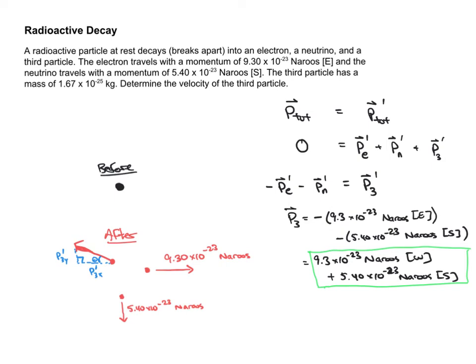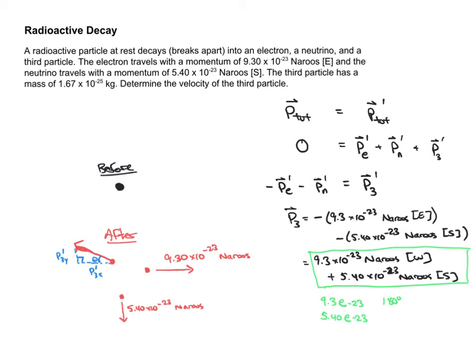And when I type it in, how do you type scientific notation into the calculator? I would actually type in 9.3e negative 23. So that e in this calculator represents times 10 to the exponent of. For west, this calculator makes east as 0, and it goes counterclockwise. So west would be the opposite direction, so that would be 180 degrees. I will type that into this calculator. And then I would type in 5.40e negative 23.